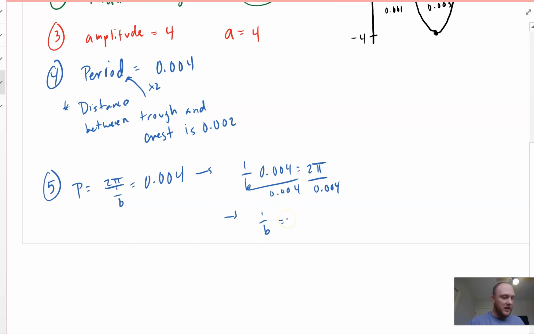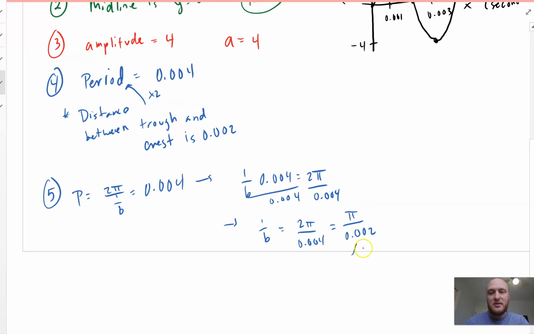We get a 1 over b value of 2 pi over 0.004. If you wanted to reduce this, you can. I'm just going to reduce by 2, giving pi over 0.002. If you wanted to multiply by 1,000, you'd get 1,000 pi, but this is fine for now.